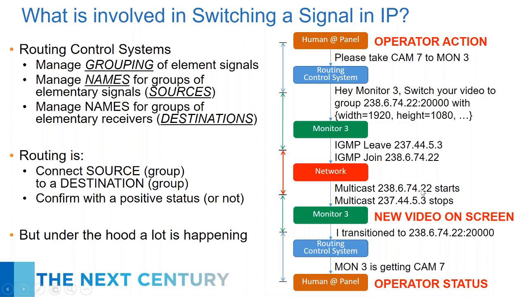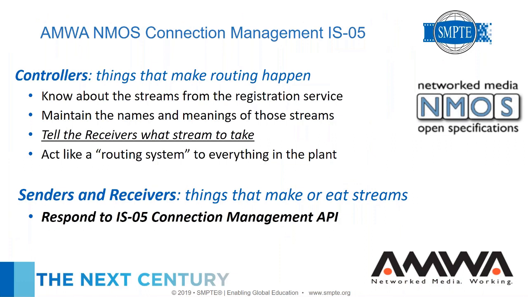So as you can see, this communication between the control system and the receivers is kind of important. And that's where we talk about AMWA ISO 5. So ISO 5 is an AMWA specification that tells the receiver what it needs to know. So a controller uses ISO 5 to tell a receiver the details of the stream it's supposed to take.